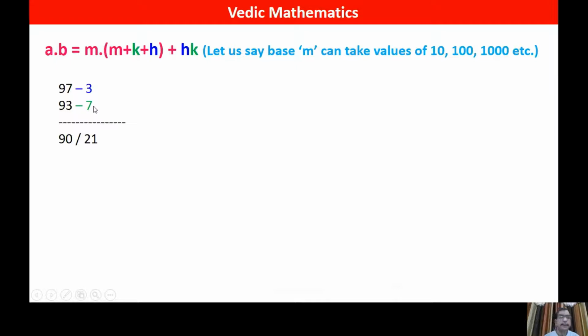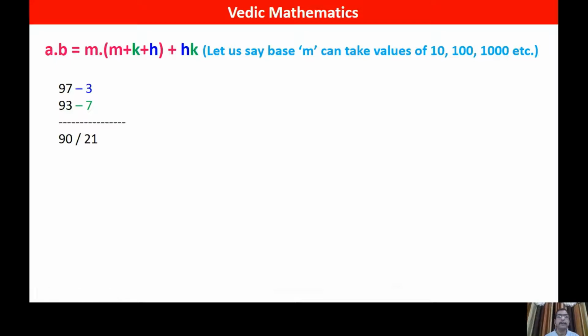Once we do this part, we have to go to this formula, where we have chosen 100 to be the base. So M becomes 100 plus K and H, where K and H are minus 7 and minus 3. That means 100 minus 7 minus 3 becomes 90.